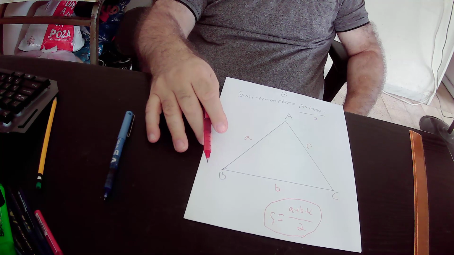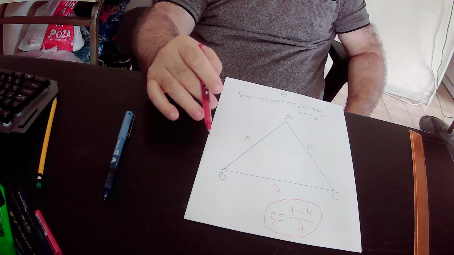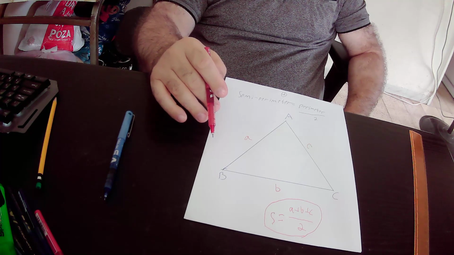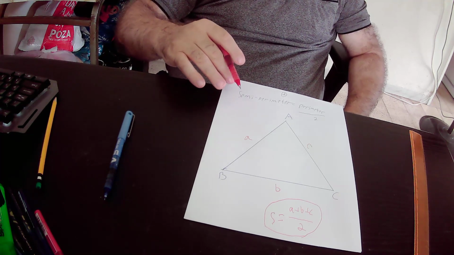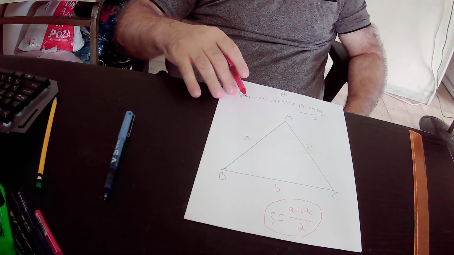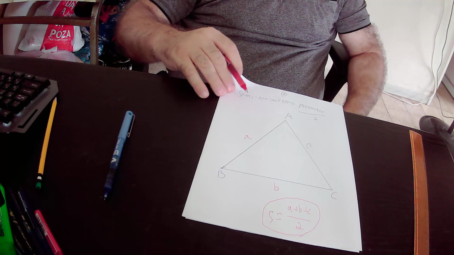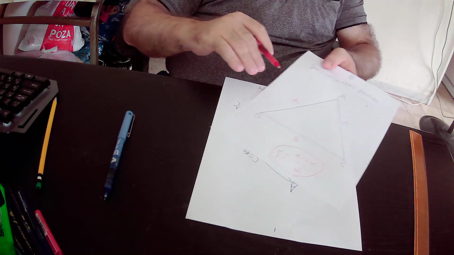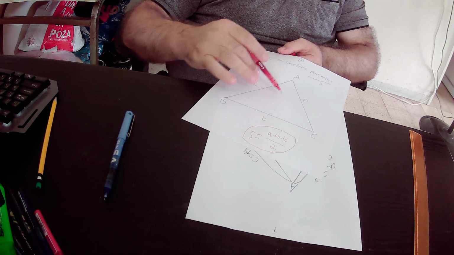Okay, so we can calculate the semi-perimeter of our triangle ABC according to this formula.